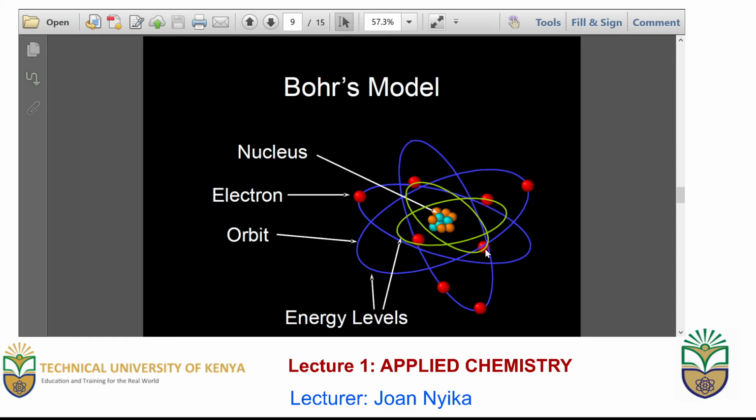Around it are what we call shells, or energy levels, and these energy levels can only hold a specific number of electrons. The first can hold 2, the next 8, the next 18, and the next 32. And these electrons are normally orbiting around the nucleus.